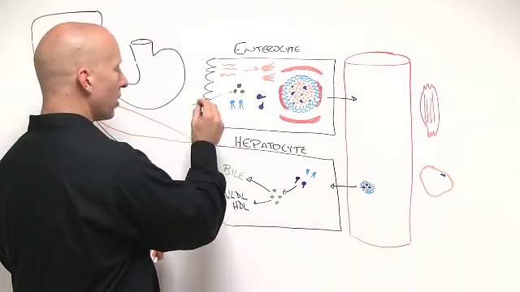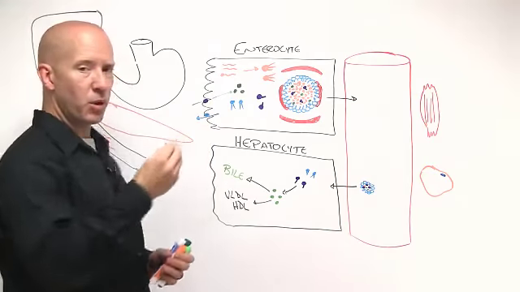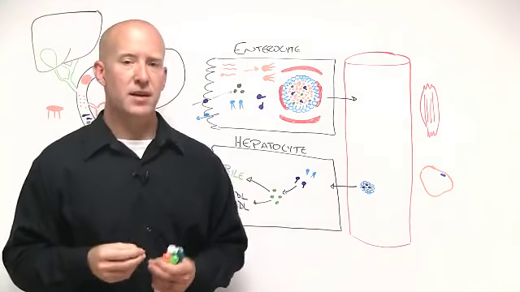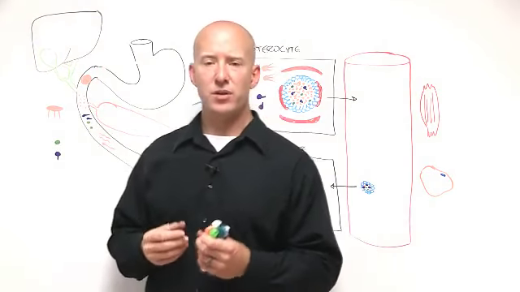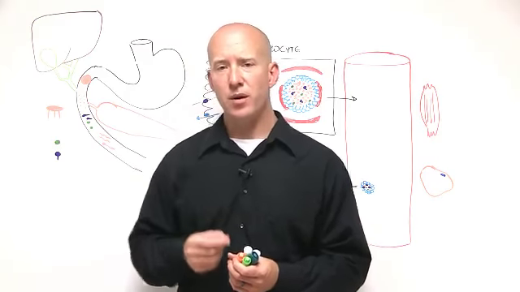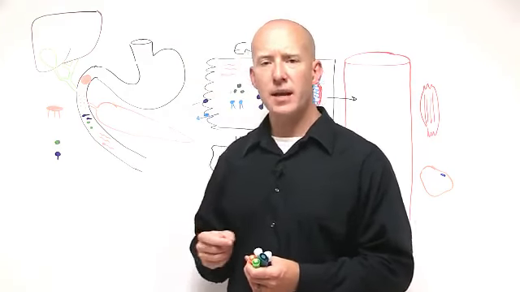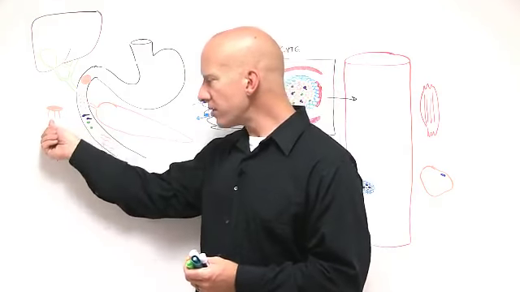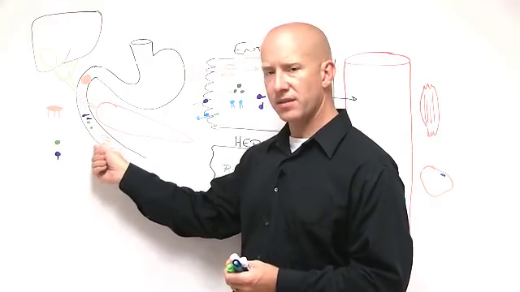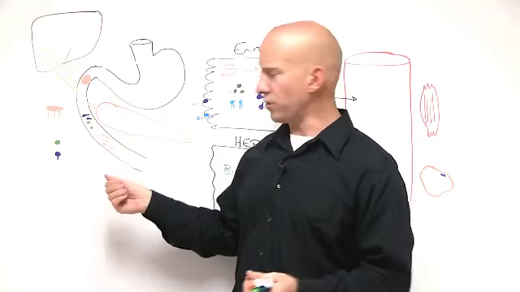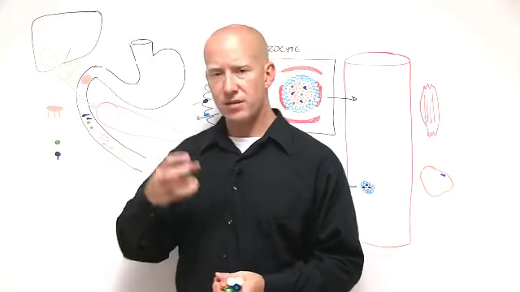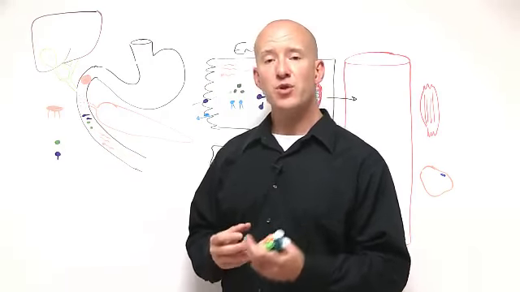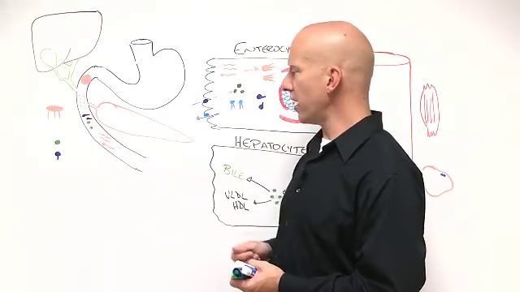In order to absorb the triglycerides, they need to be broken down into their smaller components. And because a triglyceride, or triacylglycerol, is three fatty acids and a glycerol backbone, pancreatic lipase breaks down that triglyceride into free fatty acids and sometimes a monoglycerol, which is just a single fatty acid attached to that glycerol. So now they're small enough to be absorbed into the enterocyte.